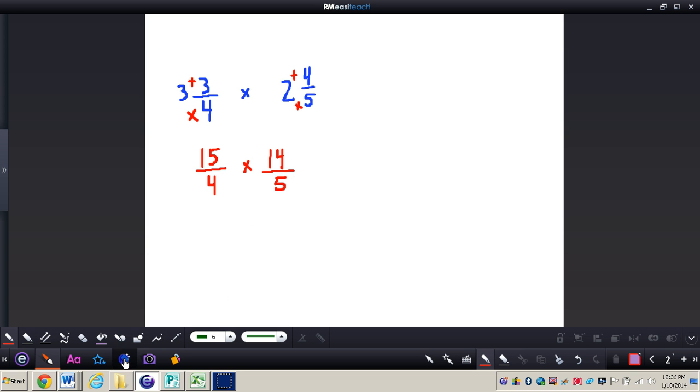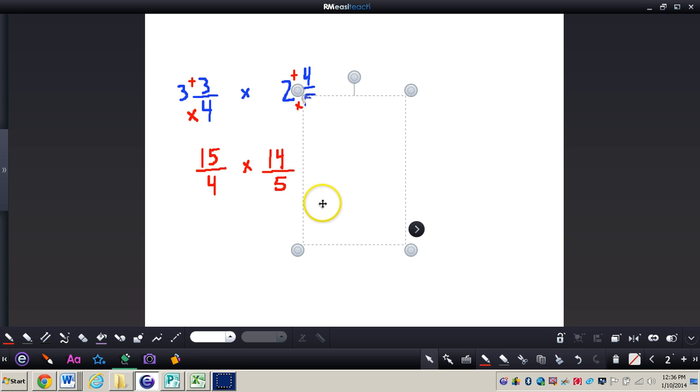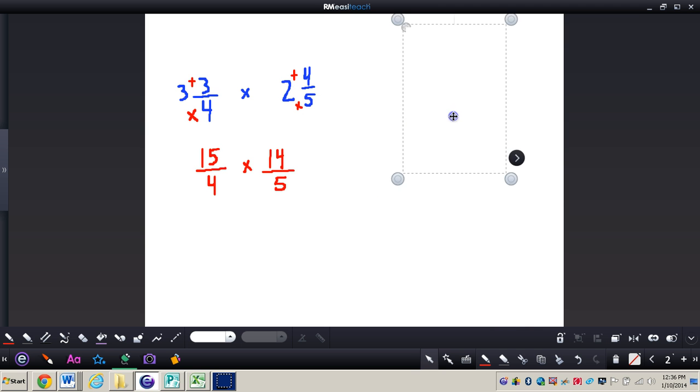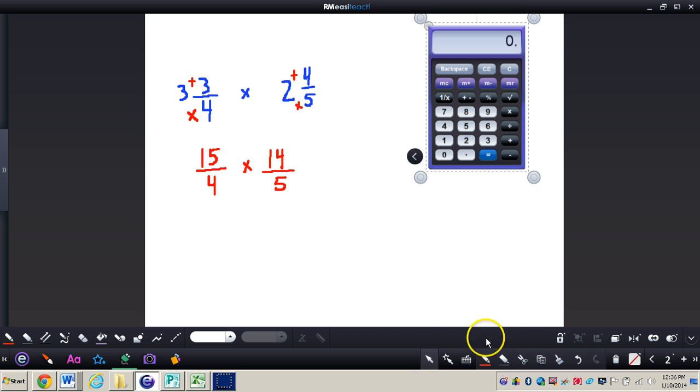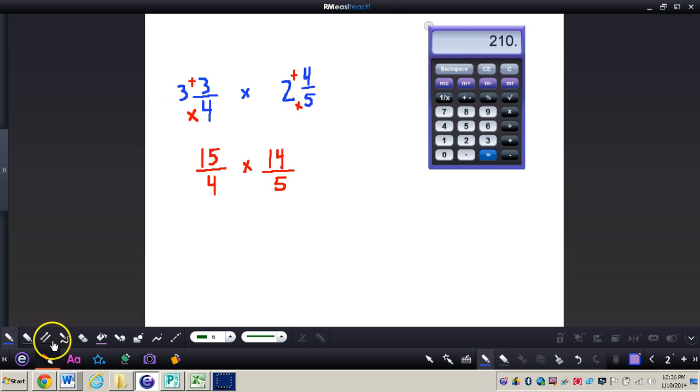Now, it is okay to use a calculator when you are working through these problems. So what I'm going to do is use my calculator for the numerator. 14 times 15. That's going to give me 210.